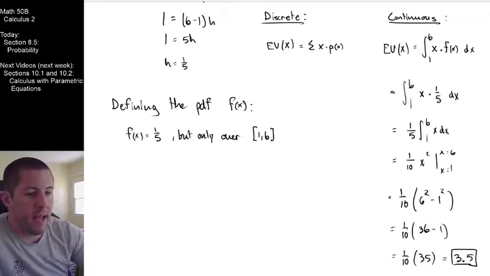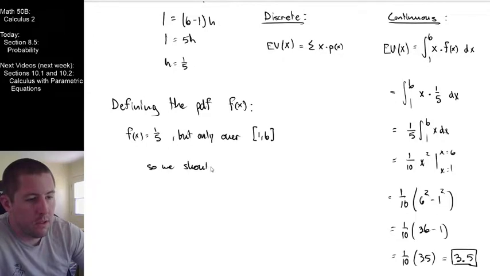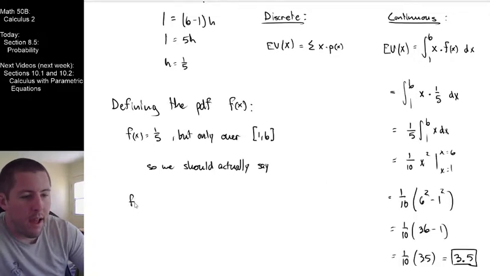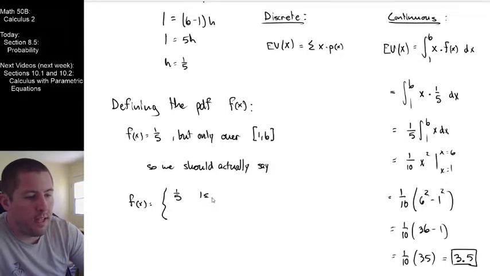So we should probably write that f of x is equal to a piecewise defined function, where it is 1/5 when 1 is less than or equal to x is less than or equal to 6, and it is 0 otherwise.